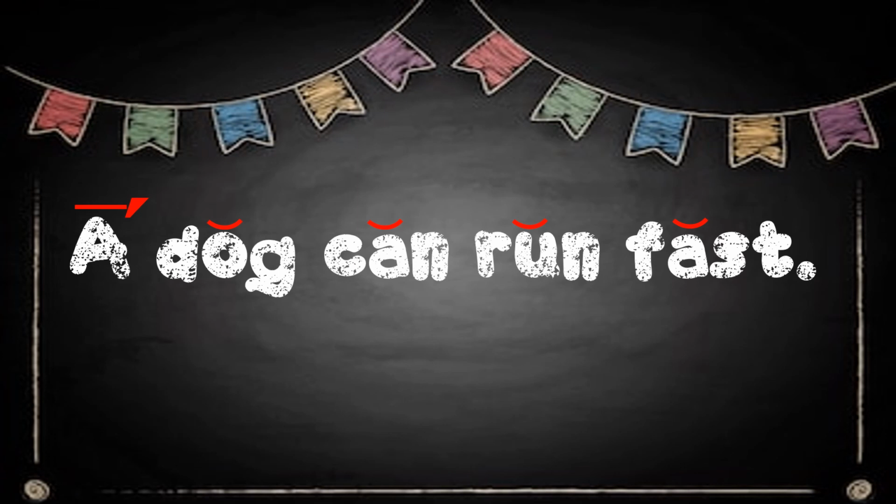It's not incorrect to say A dog can run fast, but we sound like more experienced readers when we say uh dog can run fast. When a vowel says uh, we code it with a special mark that looks like an upside down E. It's called a schwa.